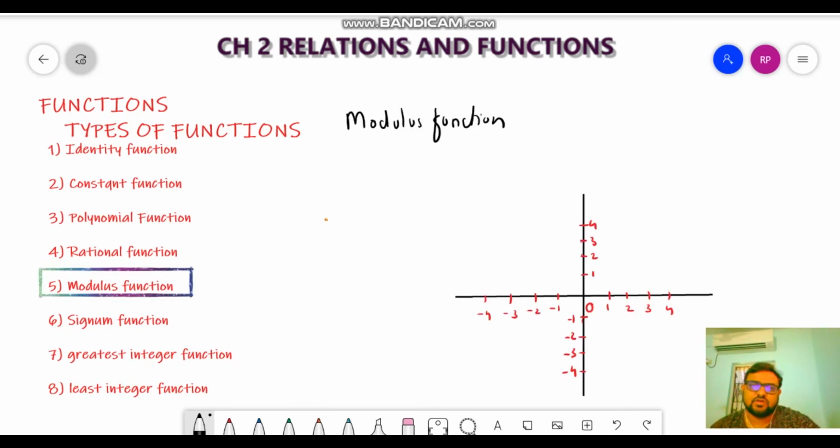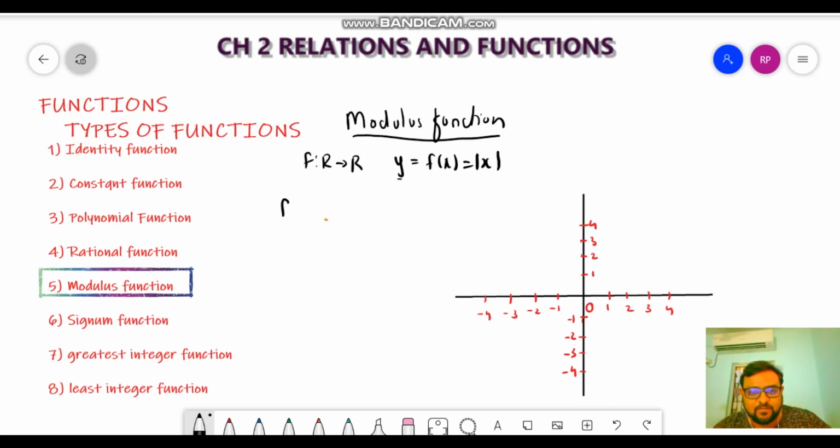Modulus function. Again, a function from R to R, where the function is of a type of modulus, like f of x equal to modulus of x. So the value of y will always be positive. Here I have to split it into two parts.